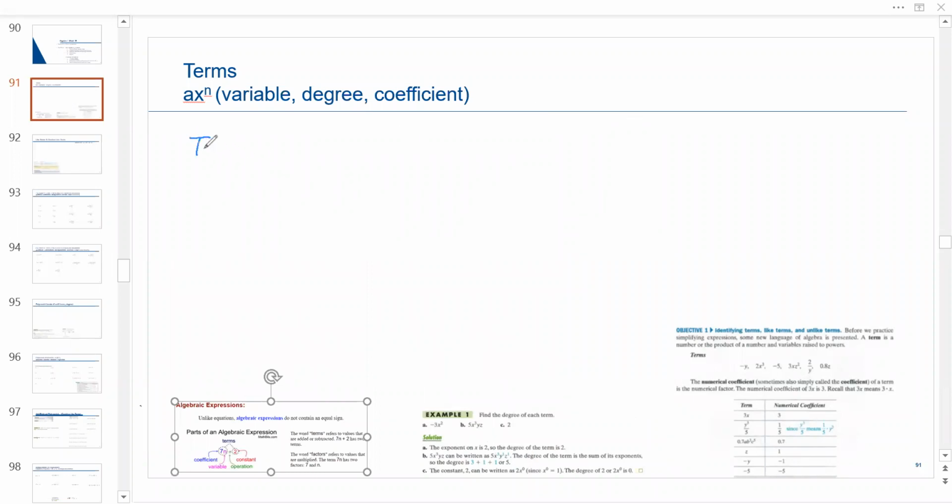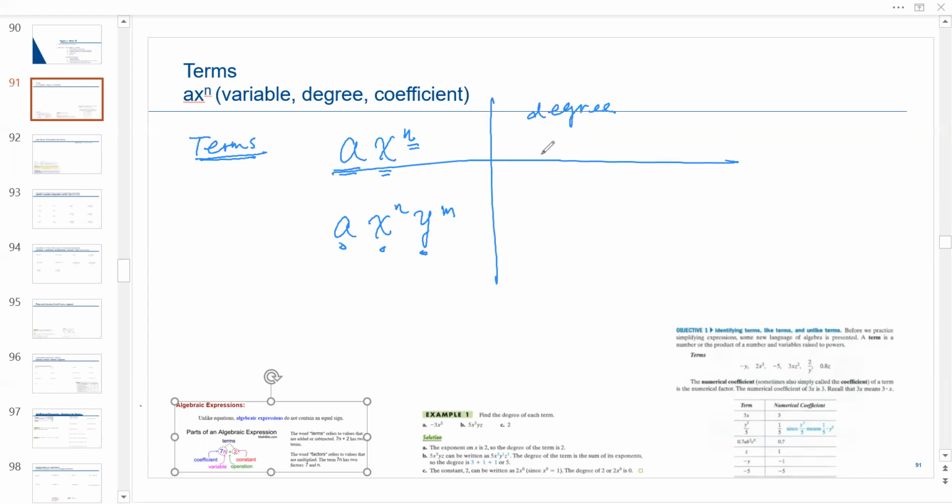A term actually comes from an exponent. So in ax^n, this is the coefficient, this is the degree, this is the base. If there are multiple variables, the degree is the sum of each exponent. For a single variable, it is n. The coefficient is definitely the front part here.